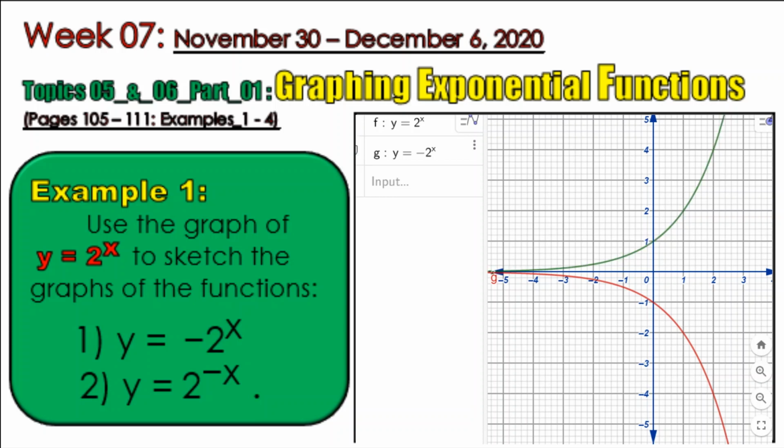So what can you say about these two graphs? What can you say about the graph of y is equal to negative 2 raised to x in relation to the given graph y is equal to 2 raised to x? Okay, so any observation?